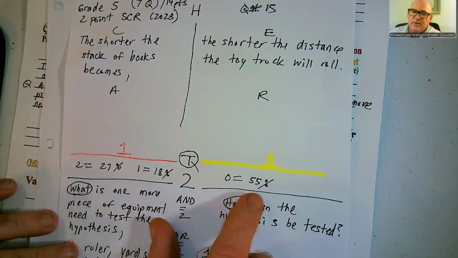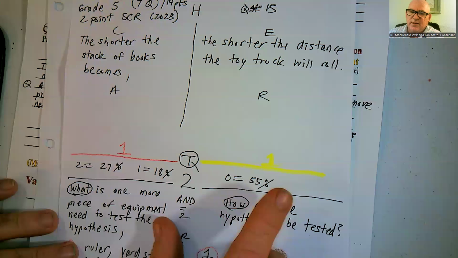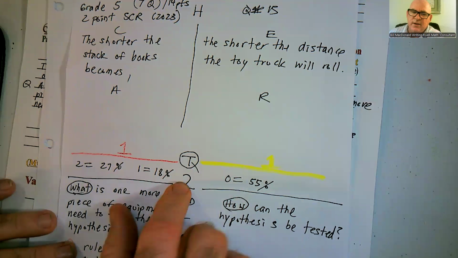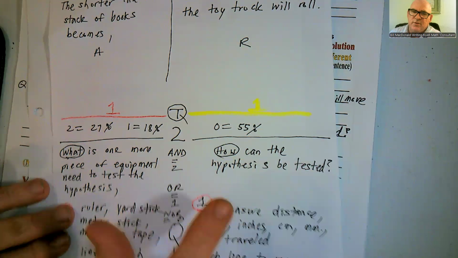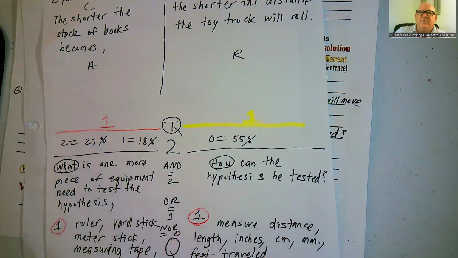And from my understanding, over 55% couldn't answer anything, and only 18% were able to get one of those points or the other. So I'm going to ask you to do me a favor, because this school district has asked me to check all of their 2-point questions in science, biology, social studies, and US history that they gave to the students from 5th grade, 8th grade, and I believe 9th grade.